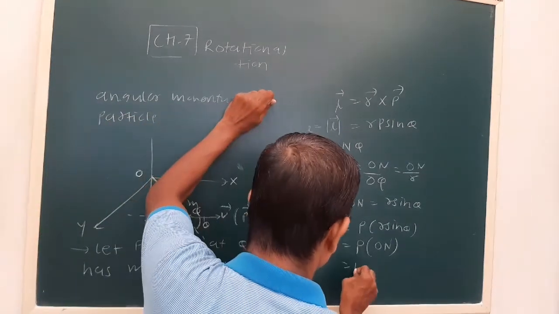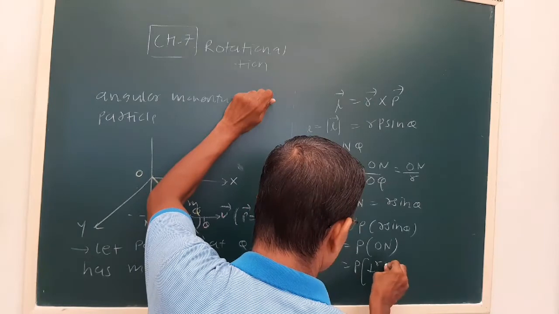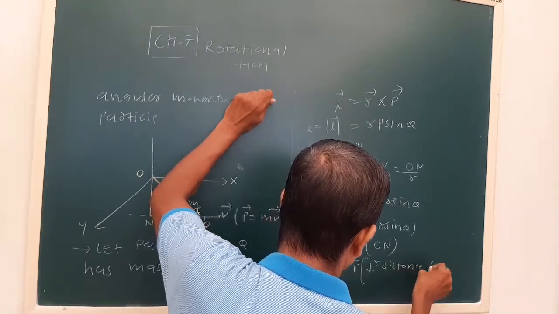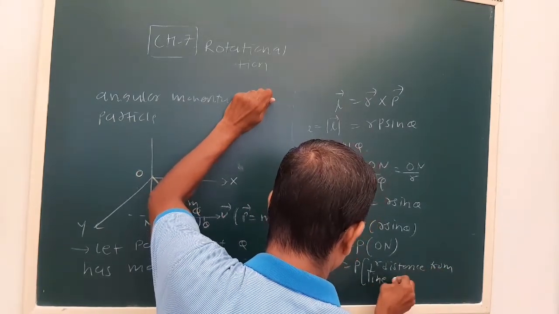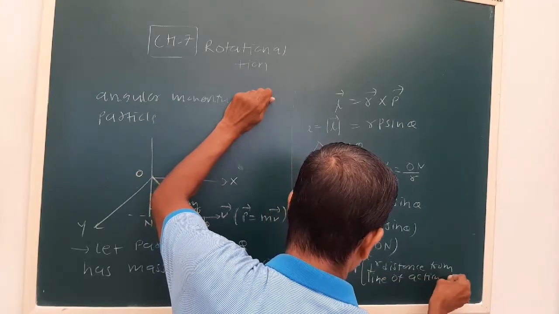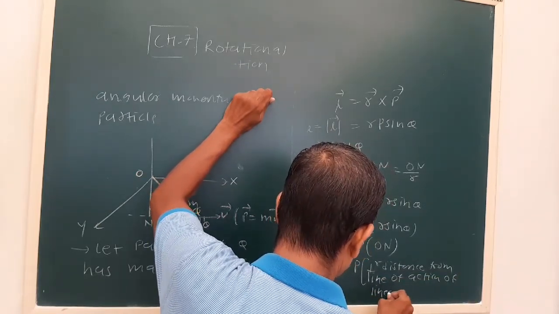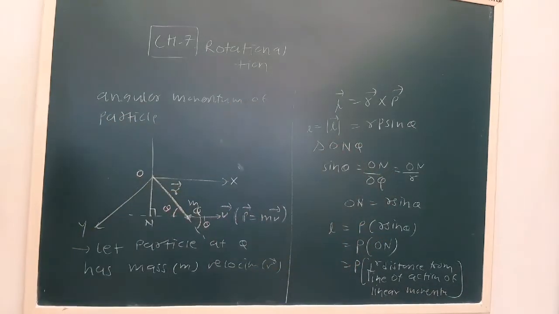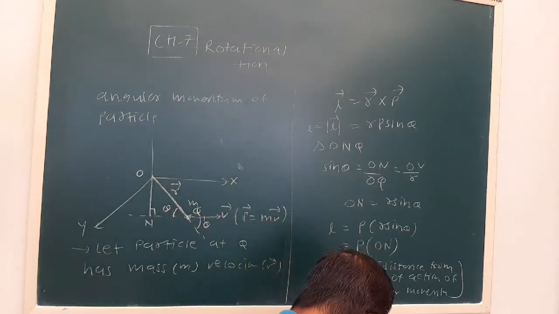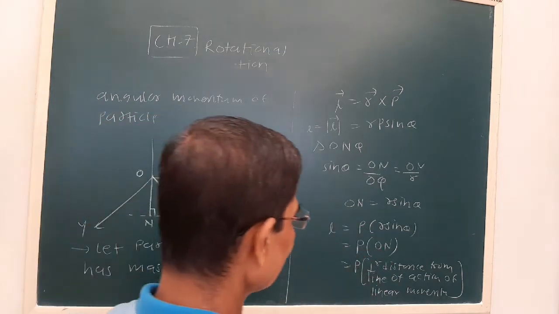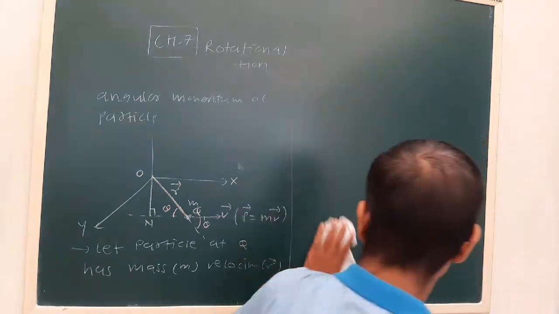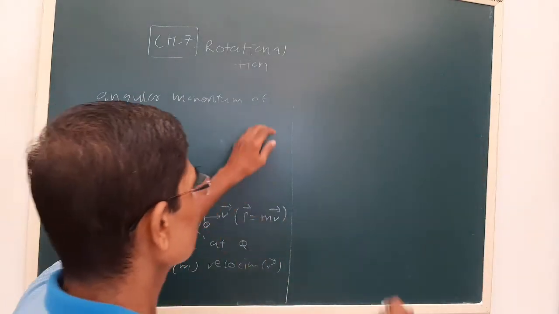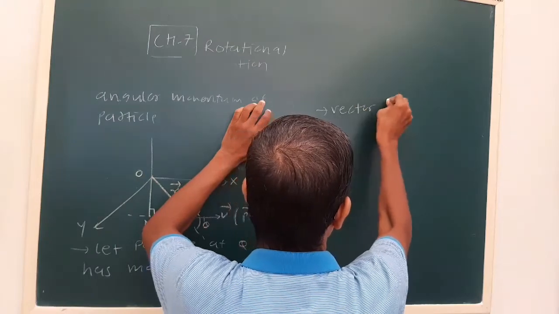So L is P into the perpendicular distance from the line of action of linear momentum. Angular momentum is also important in producing rotational motion. Angular momentum is also a vector quantity.